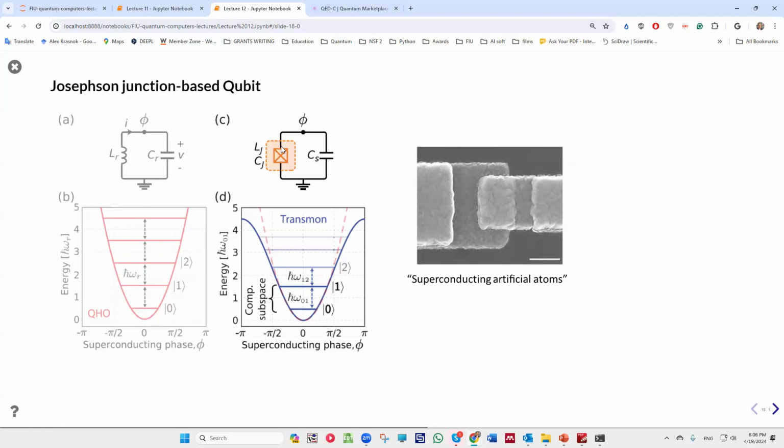If we put the Josephson junction instead of inductance, we get this nonlinearity. So instead of a parabolic energy spectrum, we get a sinusoidal energy spectrum, and this leads to non-equidistant energy levels. And we can now isolate the states 0 and 1.